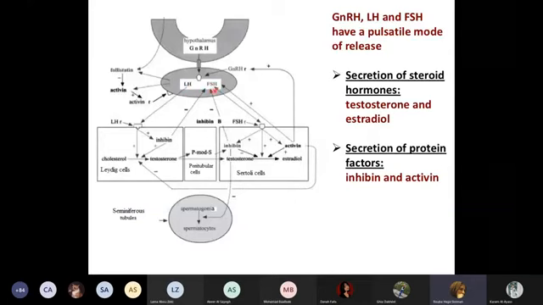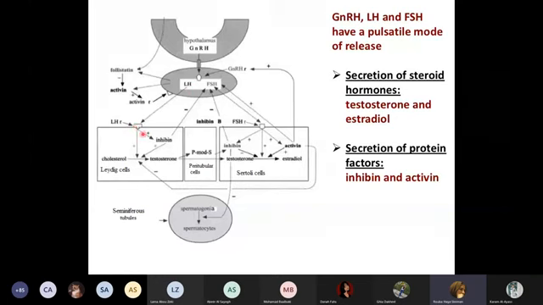In order for FSH to act on the Sertoli cells, of course, Sertoli cells must have receptors for FSH, and these receptors are cell surface receptors. The same applies for LH. For LH to act, the Leydig cells must possess cell surface receptors for LH. Now, these gonadotropins that act on the gonads will stimulate these gonads to secrete steroid hormones.